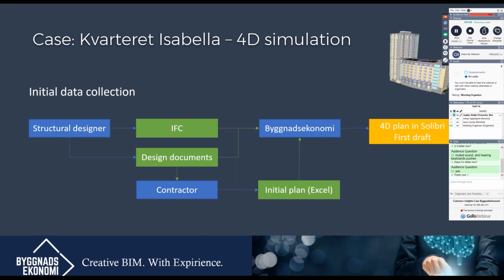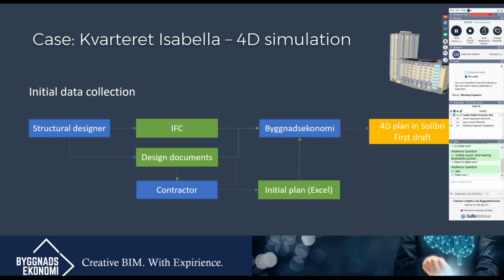The structural designer created the IFC files of the building and also the design documents. The design documents went to the contractor who is going to do the installation work, who reviewed them and created an initial plan, a simple first version of how he thought they should install the structure.